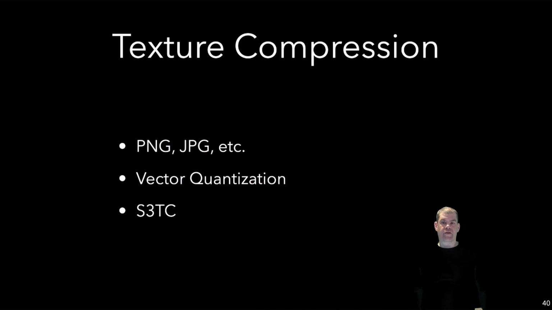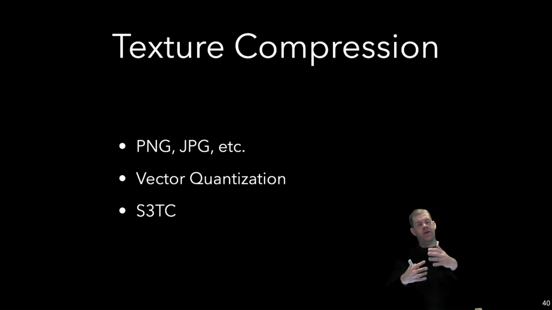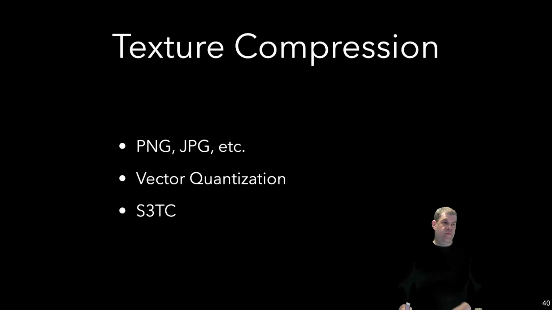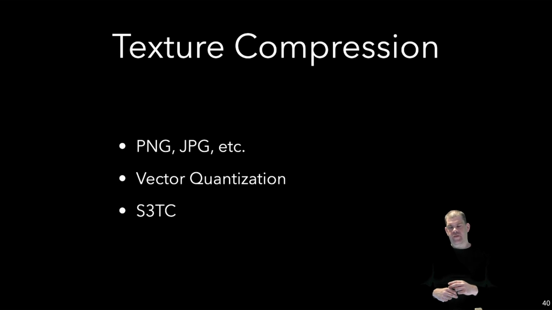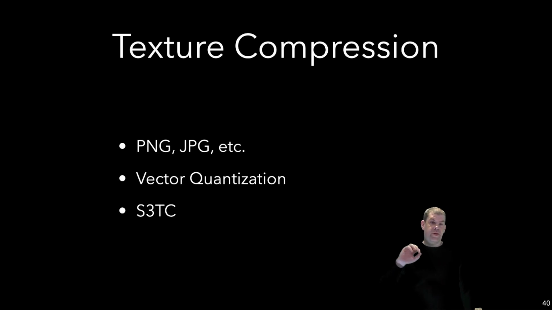You use JPEG or PNG or whatever, and they work well. PNG is usually used for high quality or more cartoon style things where you have flat areas. And JPEG is usually used for smooth, more photographic type of images. I'll talk about those techniques way later in the stream, not today, but in a later stream. I'll also talk a little bit about the details of PNG and JPEG.